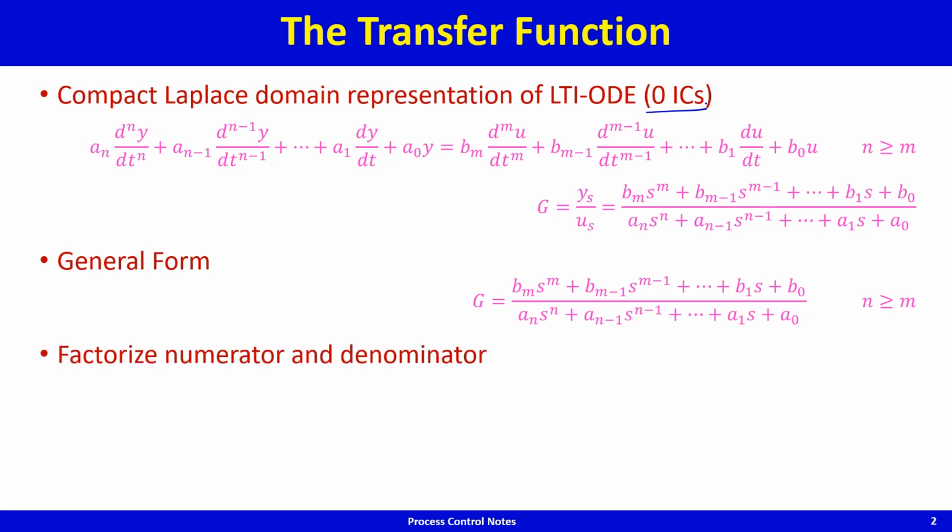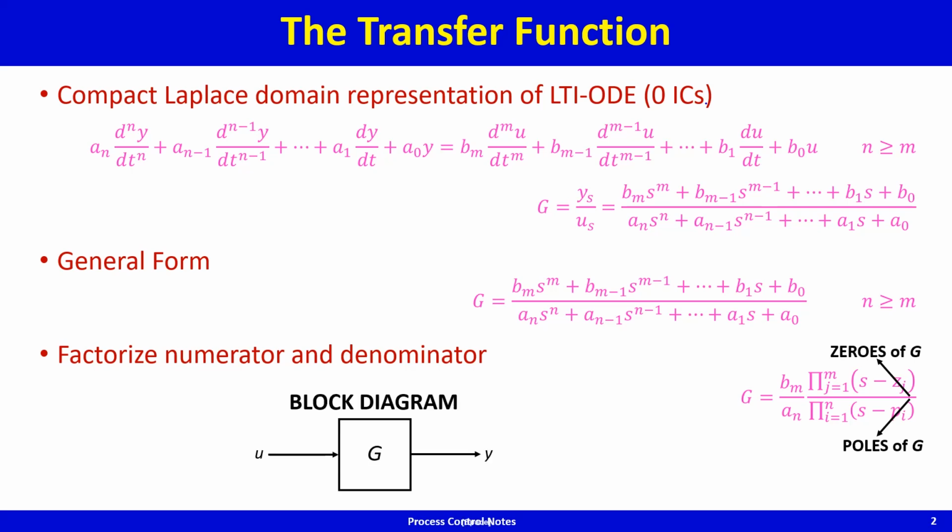Now if you factorize the numerator and the denominator, this is what we get. Numerator polynomial has been factorized, denominator polynomial has been factorized, and the numerator polynomial factors are called the zeros of the transfer function. The denominator polynomial factors are called the poles of the transfer function. And you have a very neat block diagram representation of the dynamic system.